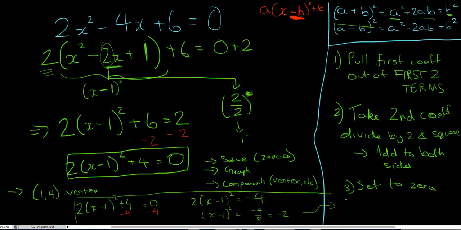But then you realize here that once you've taken the square root, you actually can't do this. You're going to get a non-real answer because you cannot have the square root of a negative number. So if you were asked this, you would just simply say no real zeros.